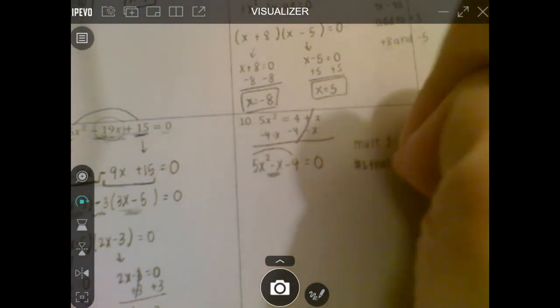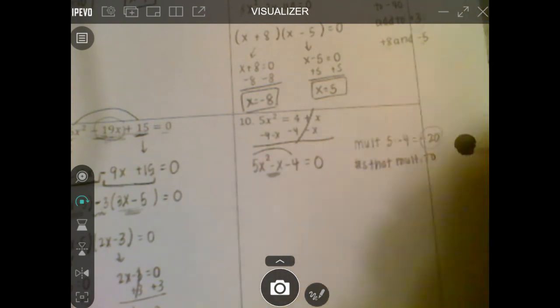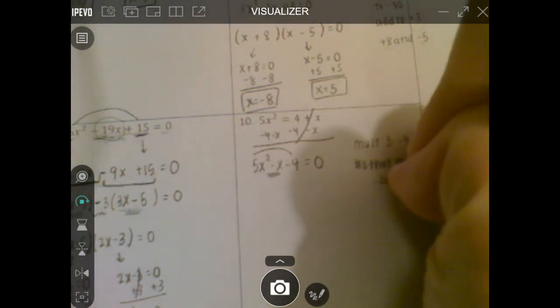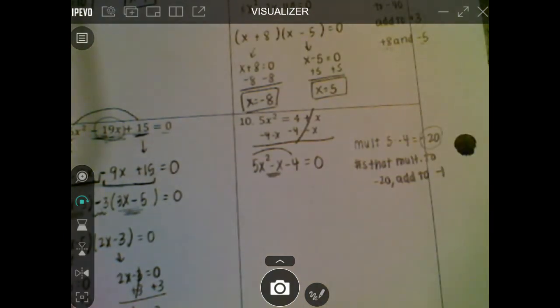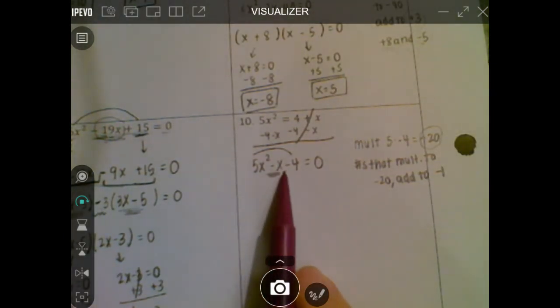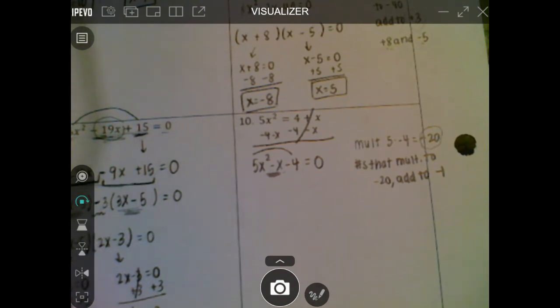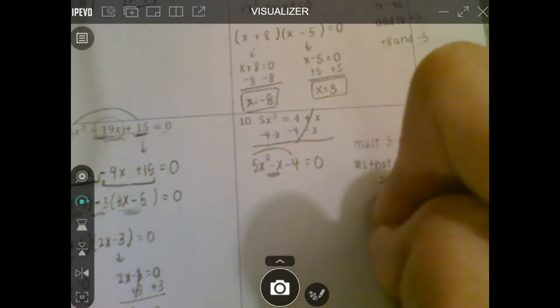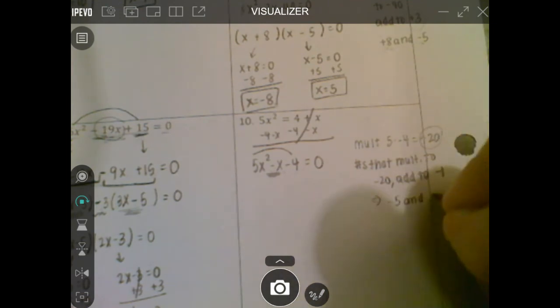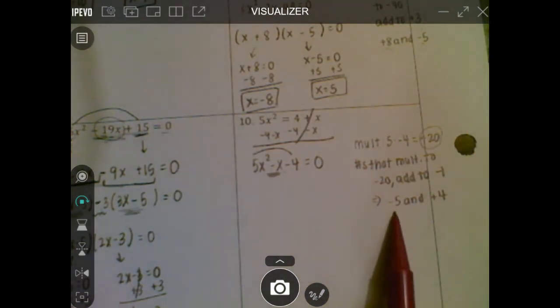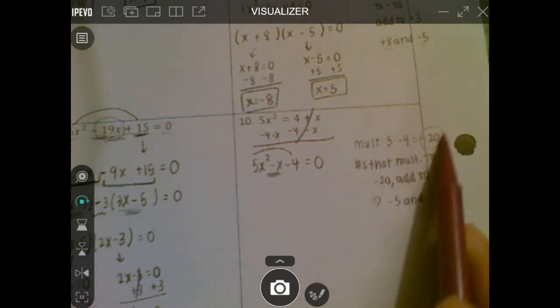So I'm looking for numbers that multiply to negative 20, but add to my middle term, which is actually going to be negative 1, because my coefficient on the x is technically negative 1. So if I'm thinking about what numbers are going to work here, it looks like a negative 5 and a positive 4 are going to work, because negative 5 times positive 4 gives me negative 20.